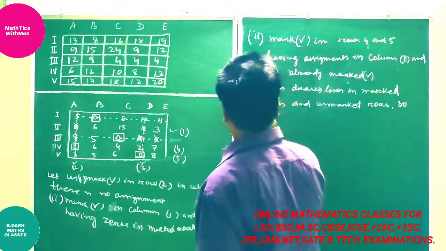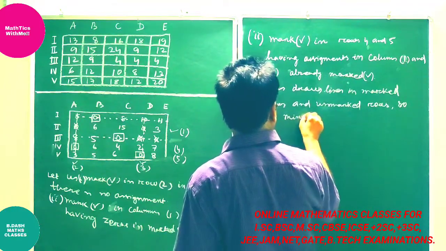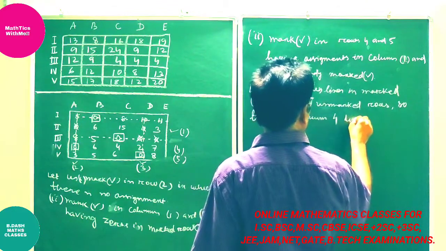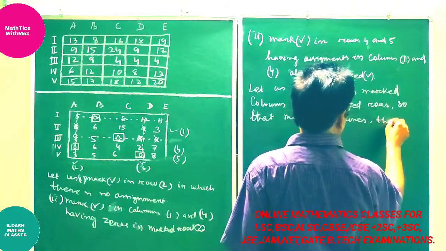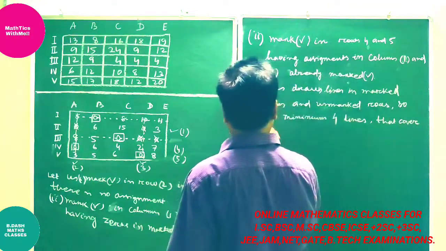So that minimum 4 lines that cover all zeros.